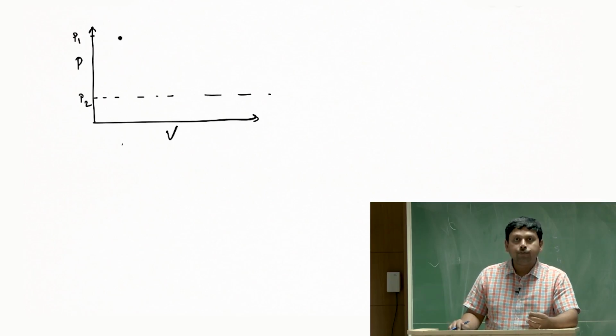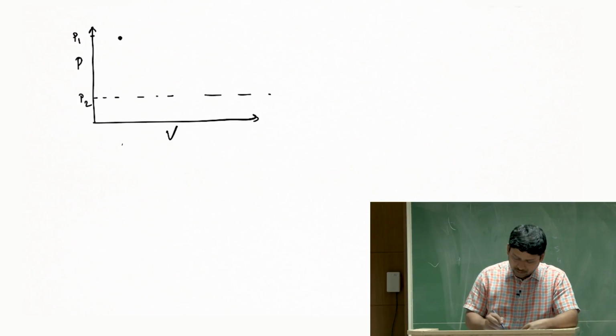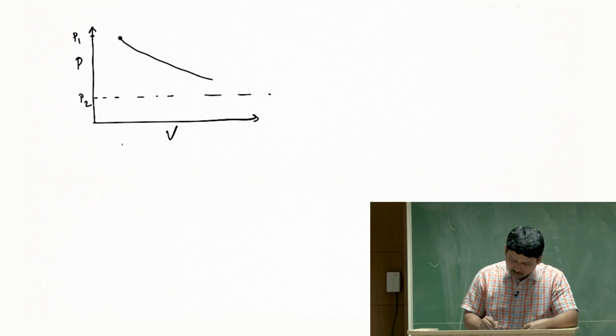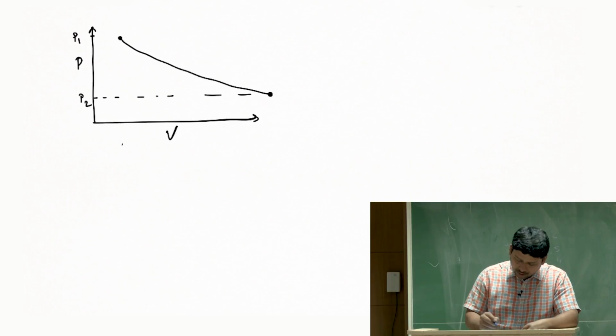Now, if the process is carried out in an isothermal manner, the final volume will be much more, such that the work done is more than a corresponding reversible adiabatic process. So, let us say this is the isothermal reversible process and this is the adiabatic reversible process.